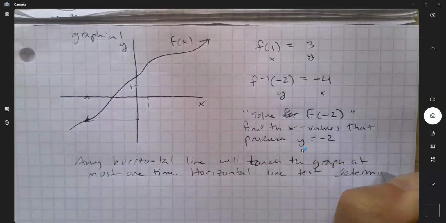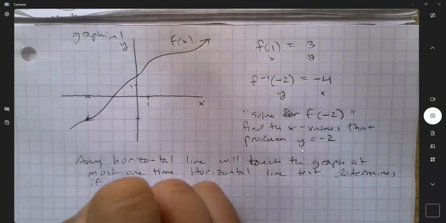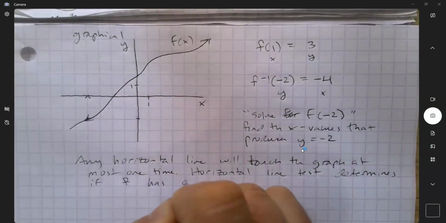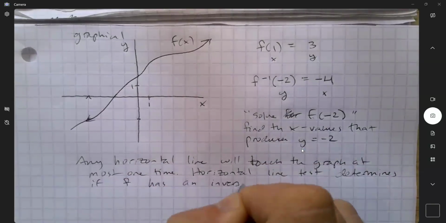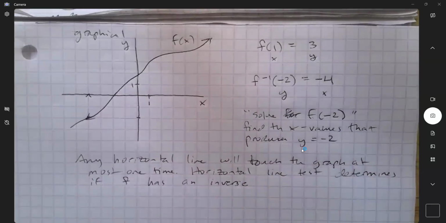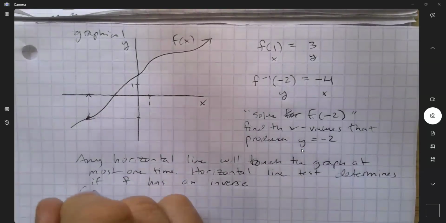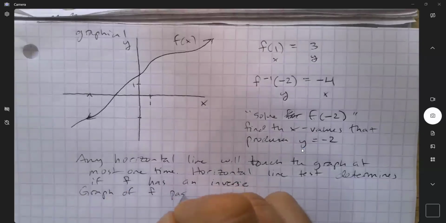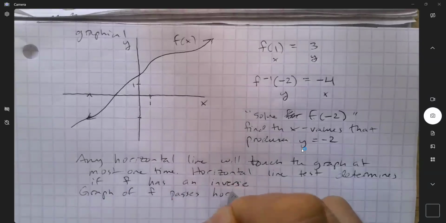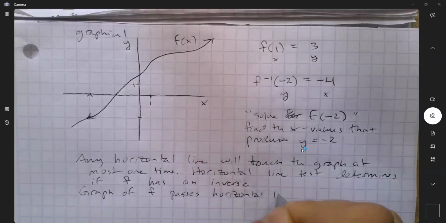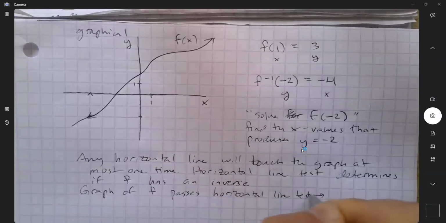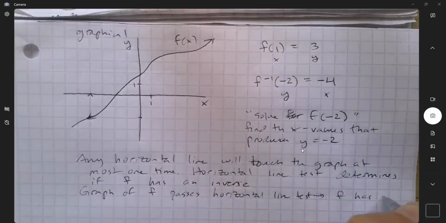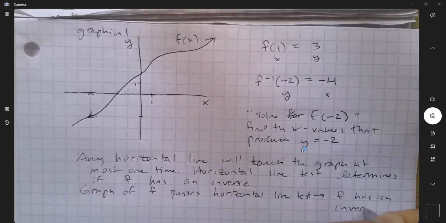And it determines if the function f has an inverse. If your function passes the horizontal line test, that means that f has an inverse.